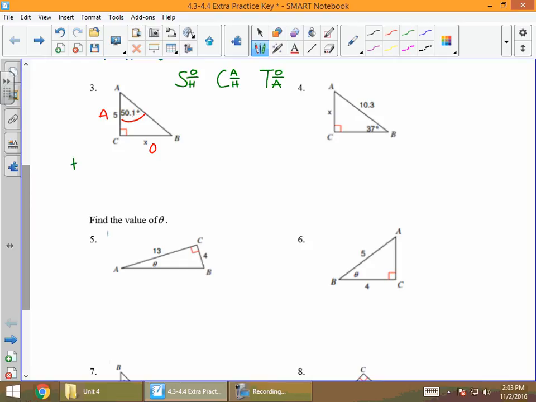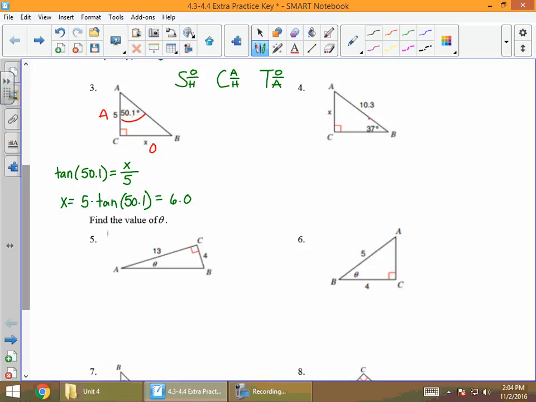So the tangent of 50.1 equals the opposite X over the adjacent 5. So that means X, multiply both sides by 5. 5 times the tangent of 50.1. Calculate that out. It rounds to about 6.0. I think it's 5.97 or 5.98. Rounded, it rounds to almost 6.0.